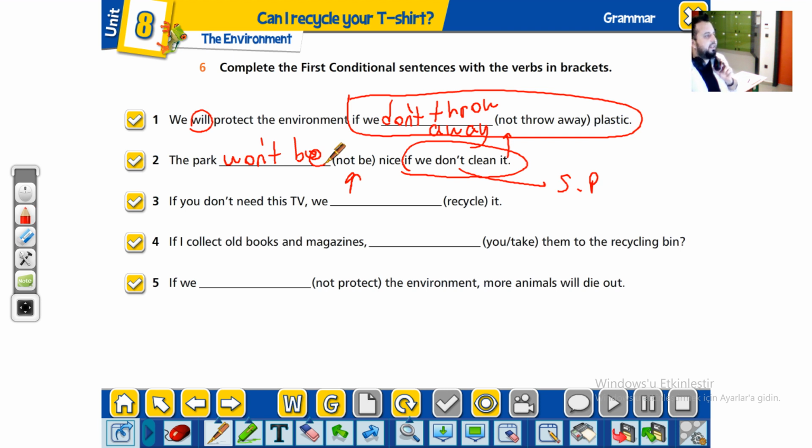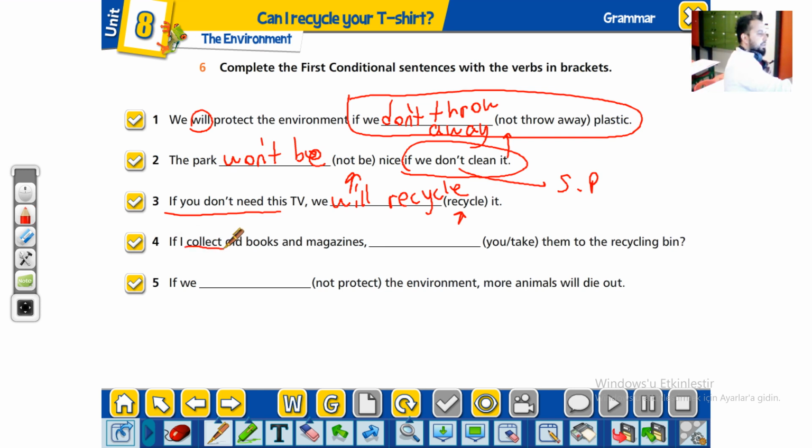Number 3, if you don't need this. If you don't need this, this part is our condition. Eğer ona ihtiyacın yoksa, we blank it. Recycle is given to us and we are going to use future tense. We will recycle it. And number 4, if I collect old books and magazines.